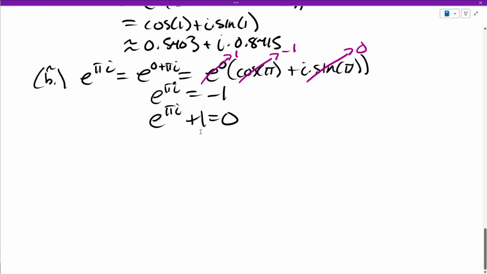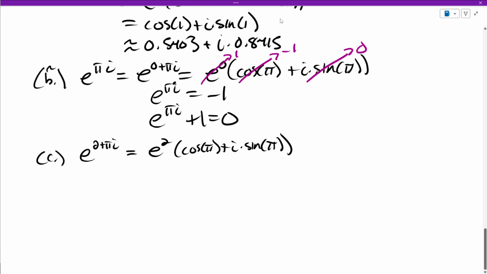All right, let's do a slightly more involved example. This is C. We're going to look at e to the 2 plus pi i. So we have e squared times cosine pi plus i sine pi. That's the rule. Again, 0, negative 1, we get negative e squared.